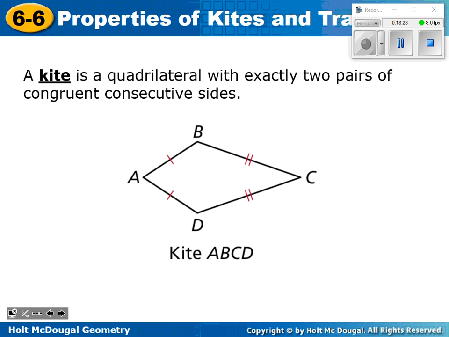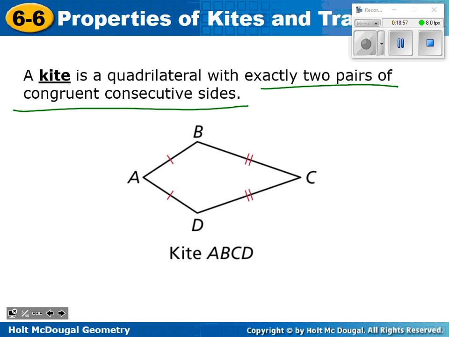So we're just learning about the kite. First thing for the definition of a kite is it is a quadrilateral. It is not a parallelogram. So last class period we changed every one of those definitions to it is a parallelogram. Kites are not parallelograms. So it is just a quadrilateral, and it's going to have 2 pairs of congruent consecutive sides. So the first property for a kite is its definition.